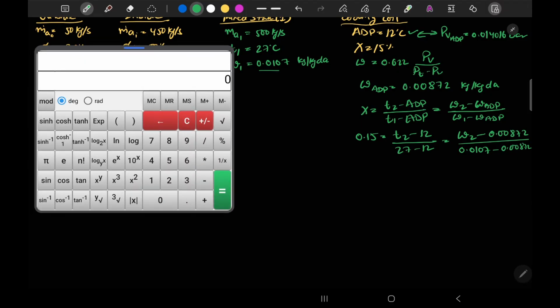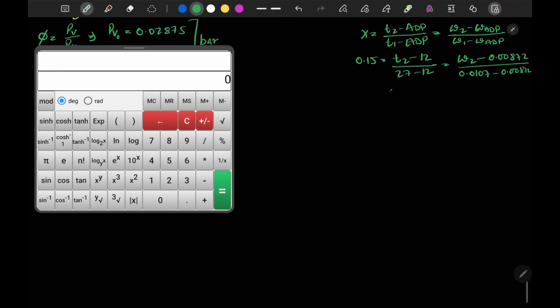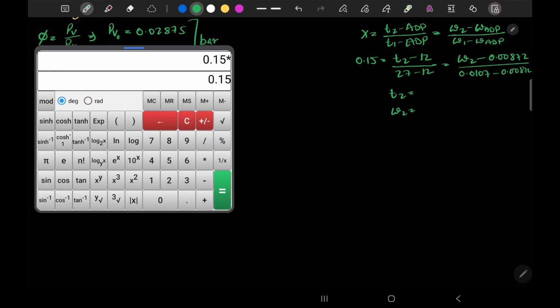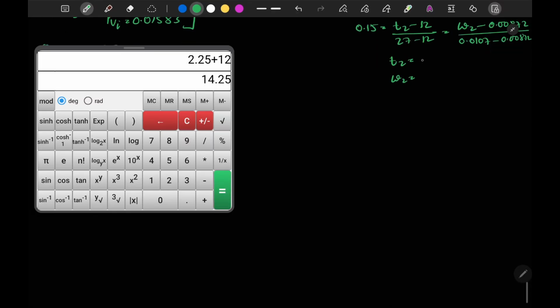Now let's find the value of T2 first. 0.15 into 15, since 27 minus 12 is 15, plus 12, so T2 comes out to be 14.25 degrees Celsius.